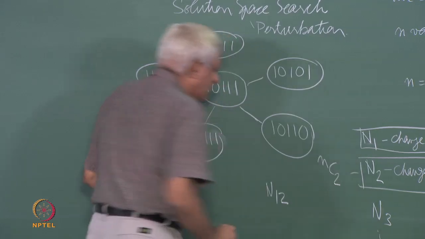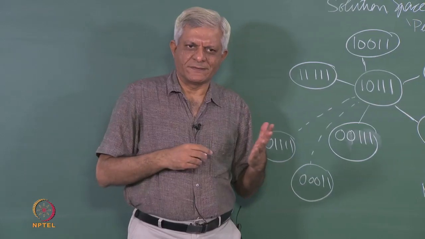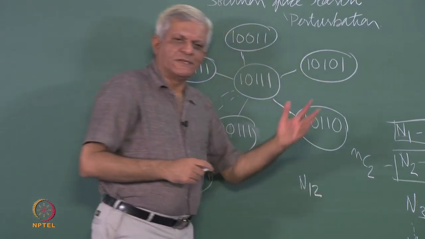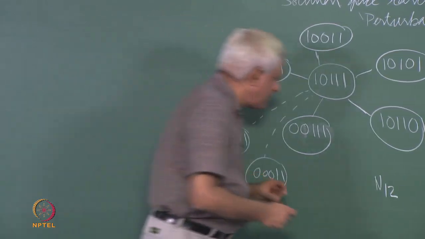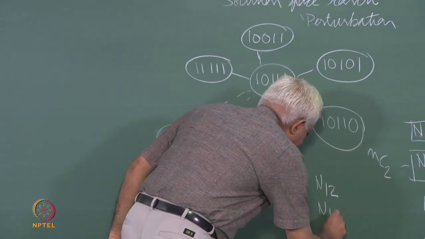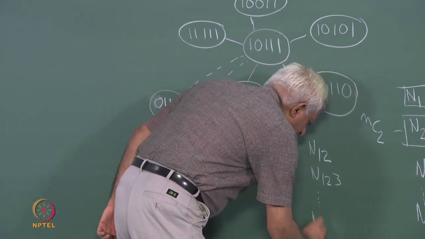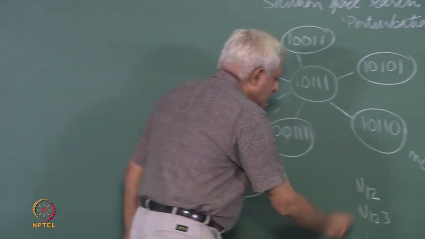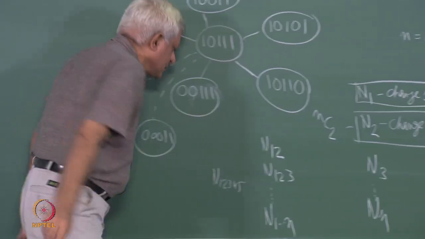I can devise n12 which says change 1 or 2 bits, or change up to 2 bits essentially, or I can say change up to 3 bits essentially, or n123, or I can go up to n1 to n, which in our example would be n12345.